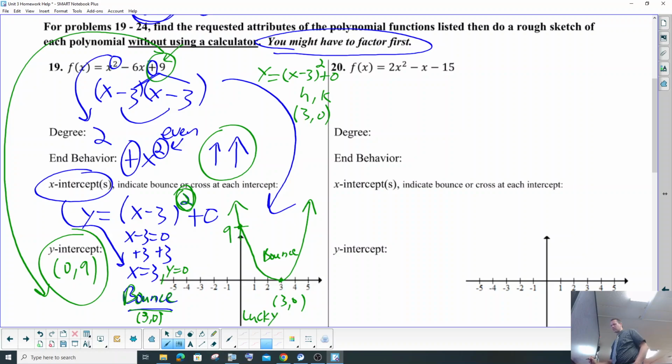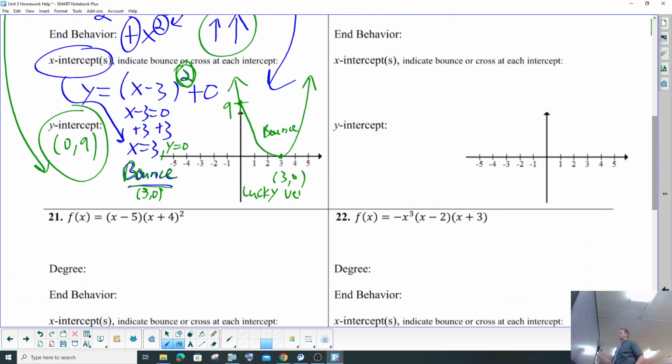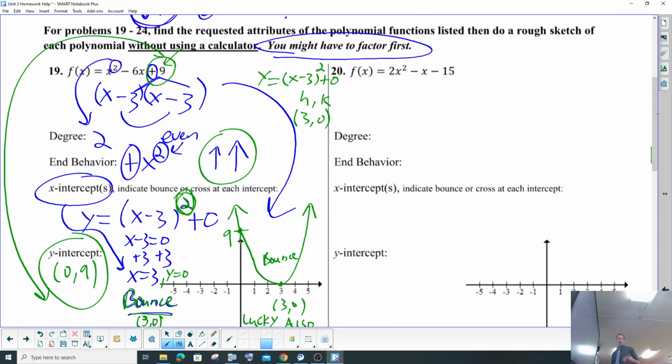So 3, 0 was our vertex as well. So that was just lucky. That doesn't usually happen with these assignments. That was just lucky that it was also the vertex. So go ahead and give number 20 a try next.